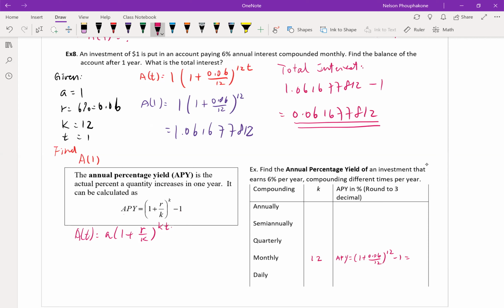And then, of course, in this case, you will see that the percentage, I round it to 3 decimal places, is 6.168%, right? Okay, so then let us finish this table.